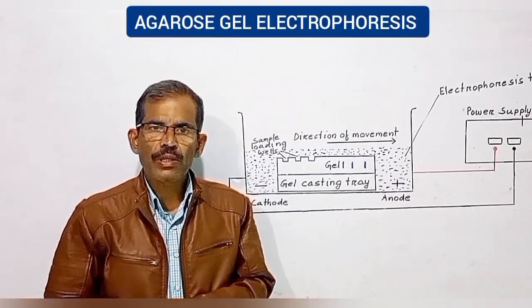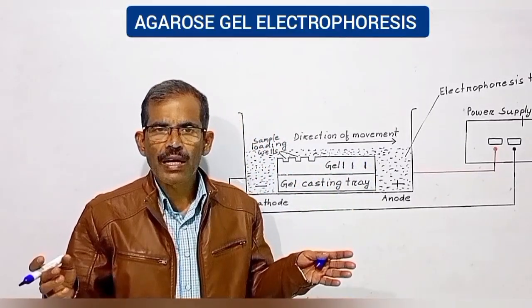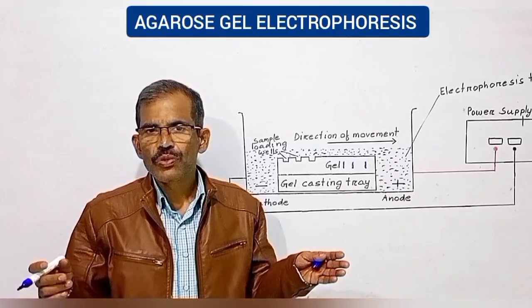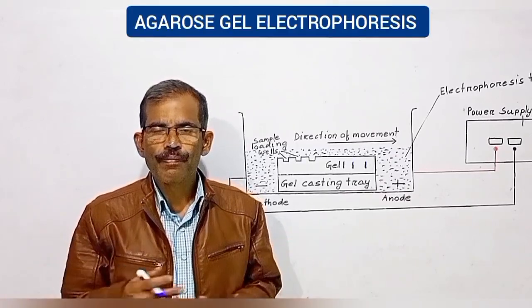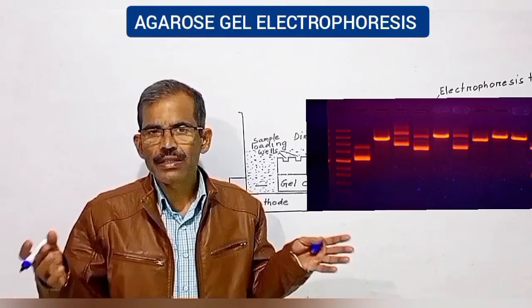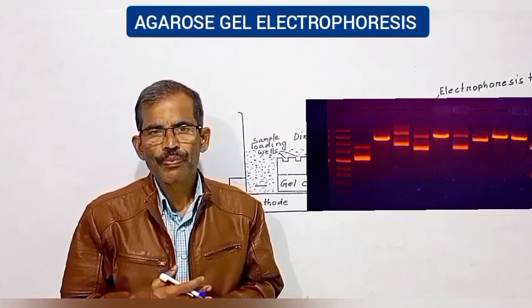After separation, the gel is carefully taken out and is stained with a suitable reagent such as ethidium bromide. The staining dye can also be incorporated in the gel initially before solidification.